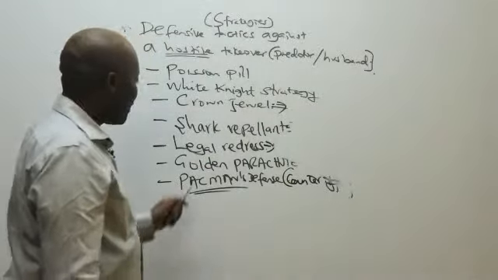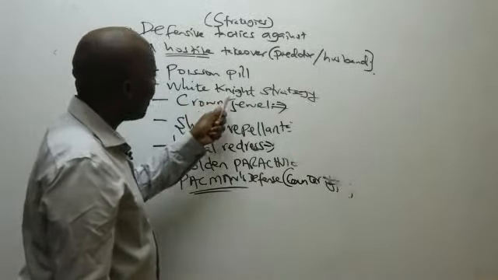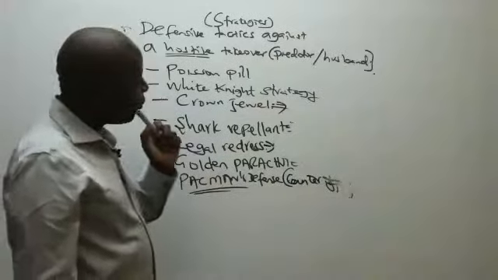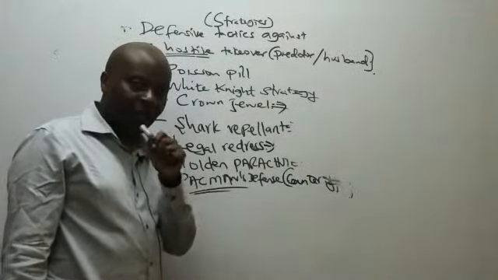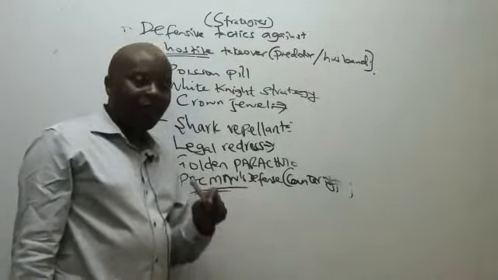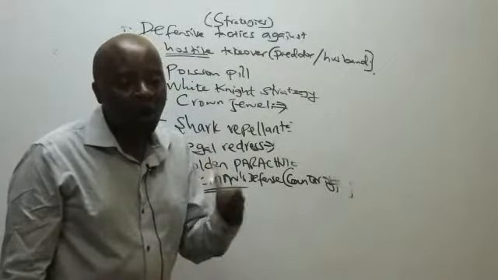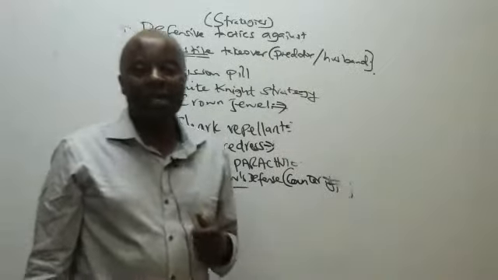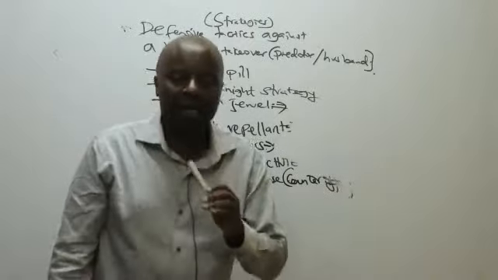Ladies and gentlemen, this is the most important one. This one here, white knight strategy. Now, for those of you who follow football and these English things here and there, you know that if you do something which is extraordinary, then you'll be knighted by the queen.